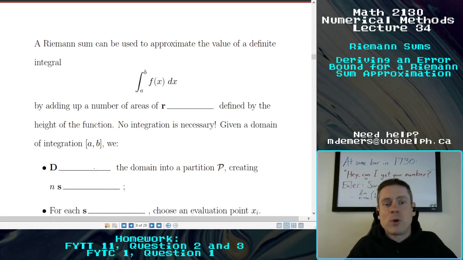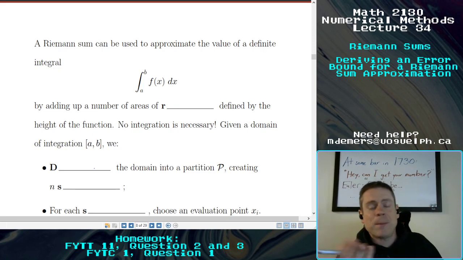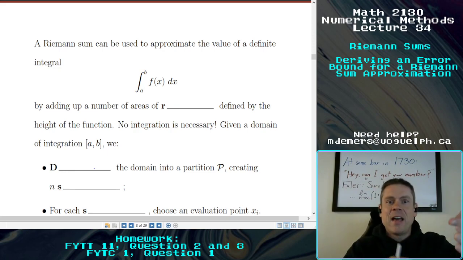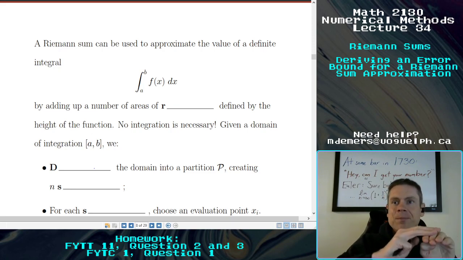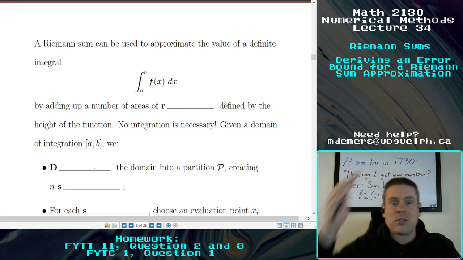And a Riemann sum, of course, can be used to approximate the value of a definite integral. In fact, if you think back to calculus, a definite integral was actually defined as the limit of a Riemann sum, right? A Riemann sum was like a bunch of rectangles that approximated the area under a curve of some sort.